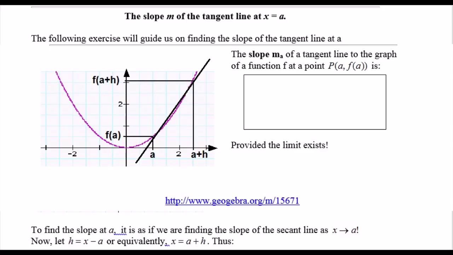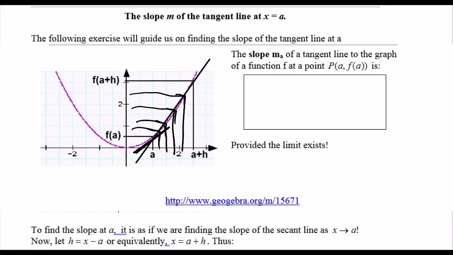What we're going to do is find out when our secant line approaches our tangent line. If we have a bunch of different secant lines, and we're making our box smaller and smaller and smaller, we're eventually going to get down to the point where we have just our tangent line left.